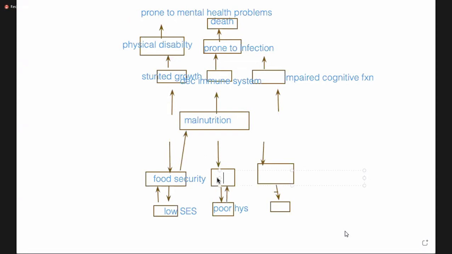So poor hygiene, anong sagot mo? There will be increased prevalence of intestinal parasitism. Nakuha nyo? Hindi lang kayo basta gagawa ng 3. Increased prevalence of parasitism. Anyway, parang ganyan lang siya.